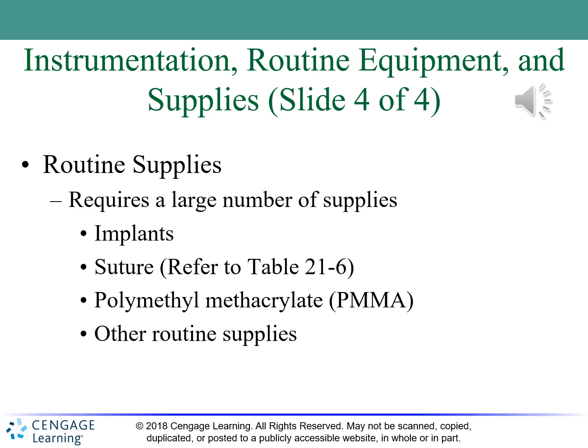Now, if you're going to write a paper that you are using bone cement in, make sure that when you document it, you're putting it under both a medication and an implant. So you'll have to do A through I on medication for that bone cement, and it's also an implant, okay? Okay. And then it talks about other routine supplies.